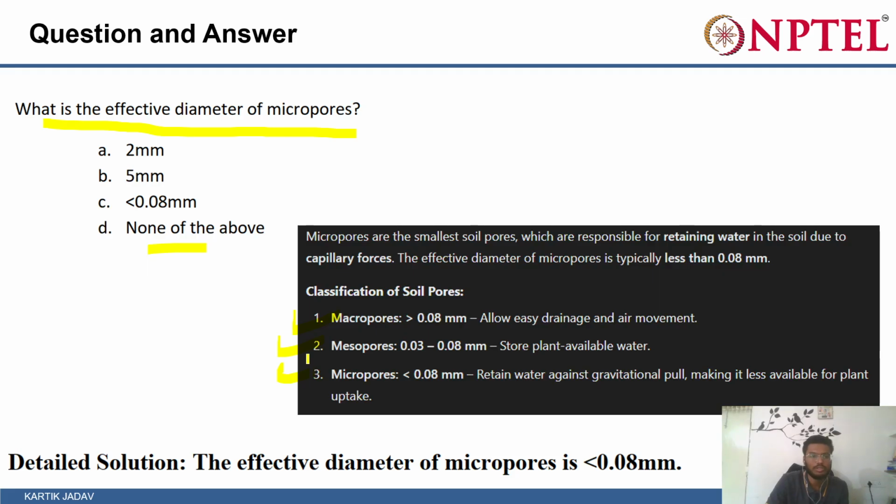Micro pores have a size of less than 0.08 mm and help us to retain water against gravitational pull, making it less available for plant uptake. While mesopores store the plant available water and their size is between 0.03 mm to 0.08 mm, while macropores allow easy drainage and air movement. So correct answer is option C.